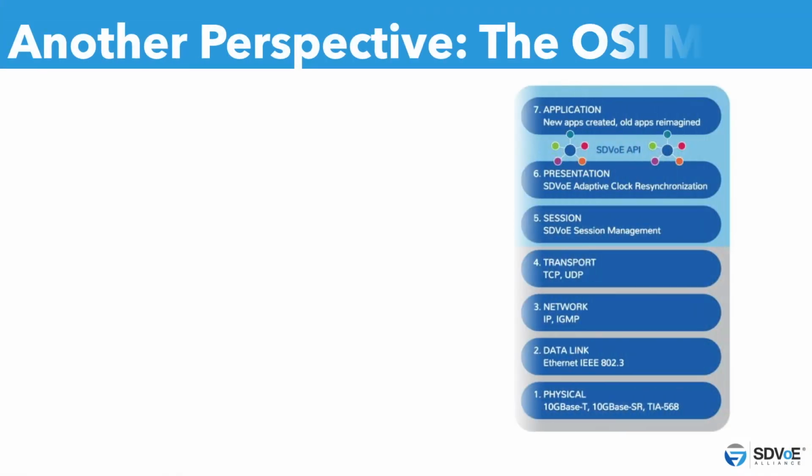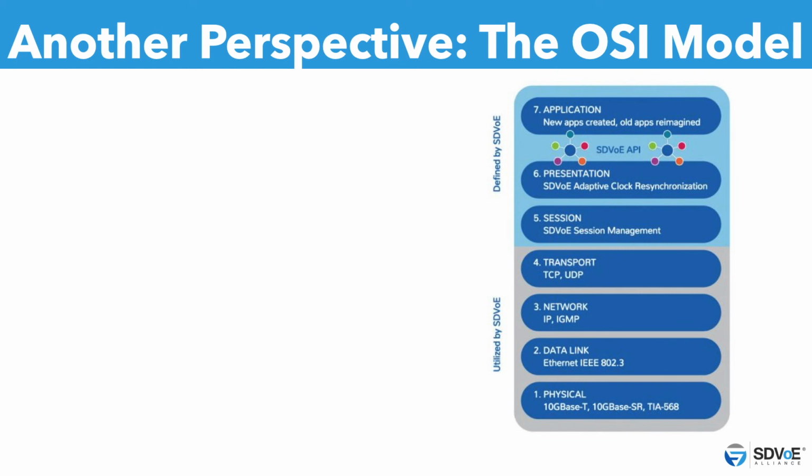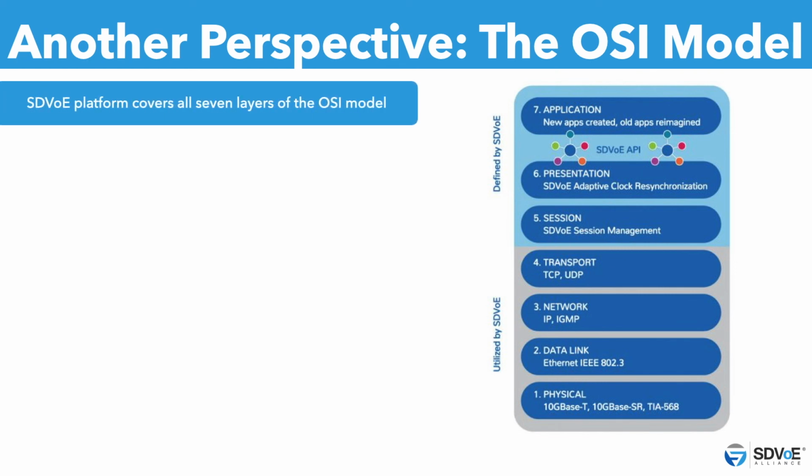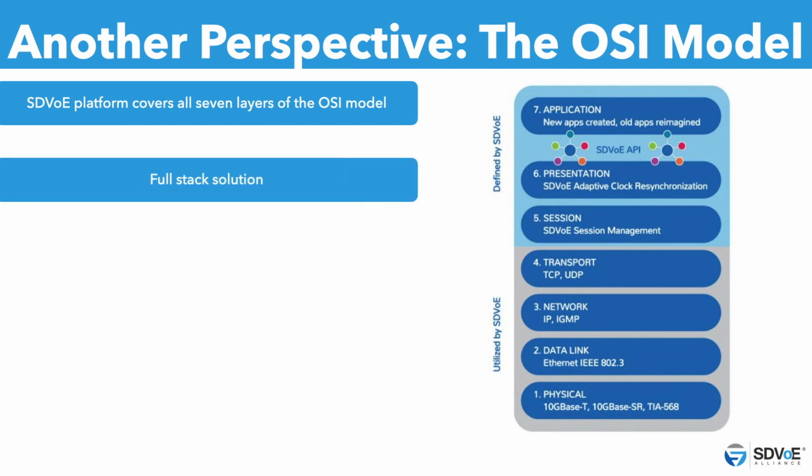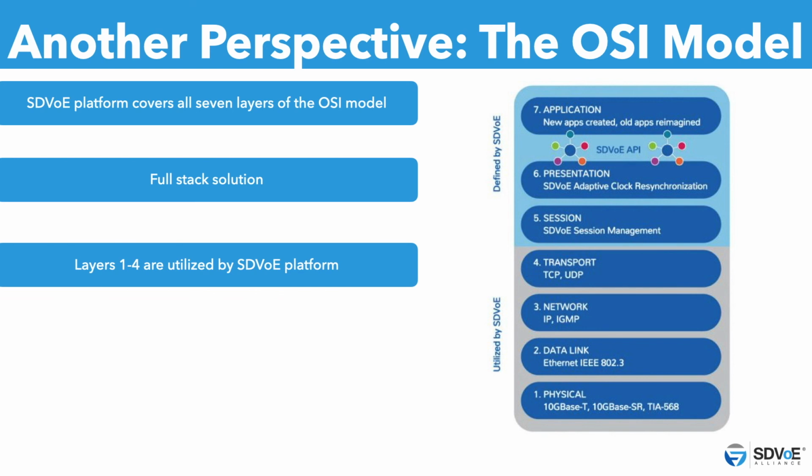Another perspective of this is basically the OSI model. The SDVoE platform basically covers all 7 layers of the OSI model, so this is a full stack solution. Layers 1 to 4, the physical, the data link, the network, the transport layer, those are not invented by SDVoE.